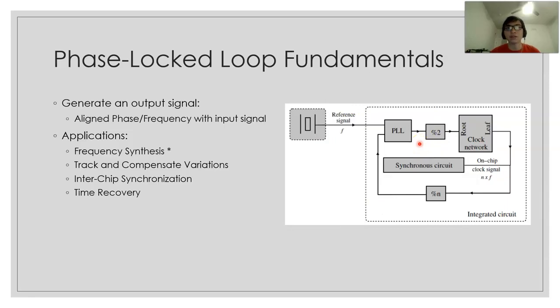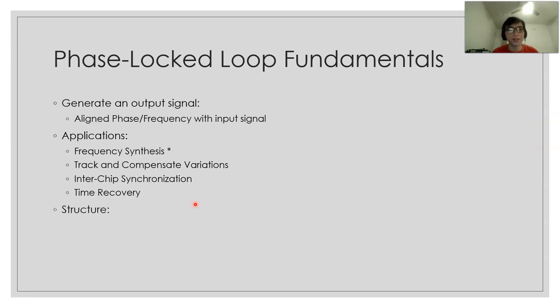It is also the application and the goal that I want to primarily focus on in this presentation. Other applications are tracking clock signal variations, synchronizing across chips, which is becoming more important especially in 3D chips, time recovery, and others.